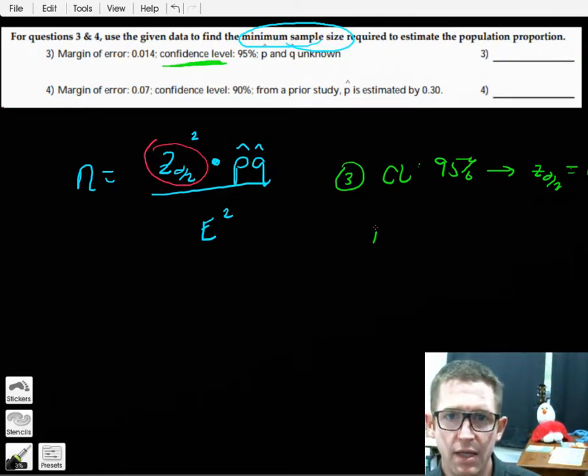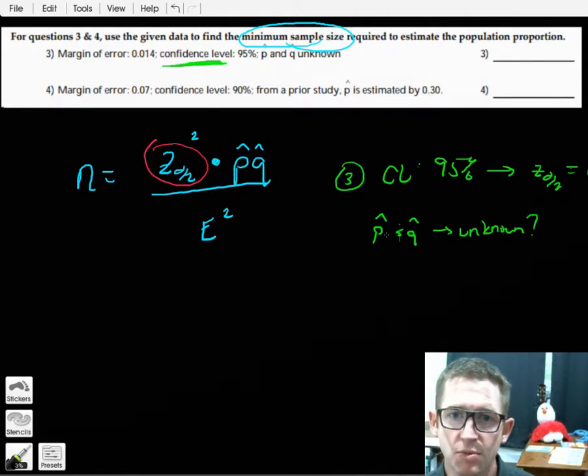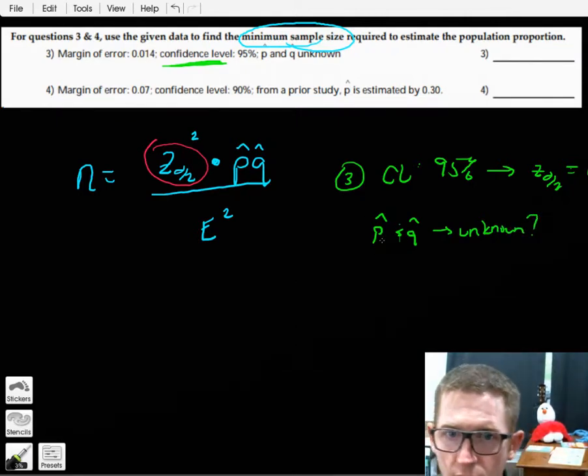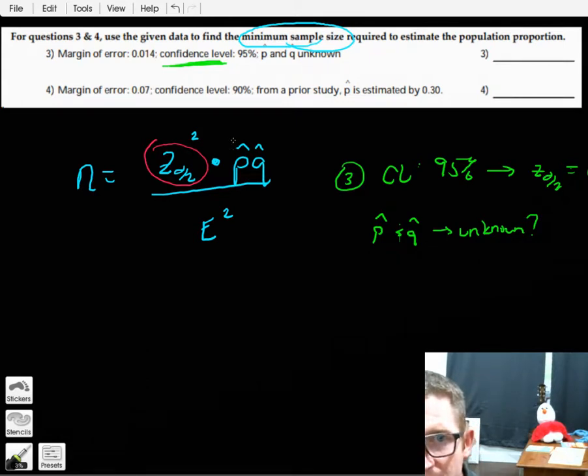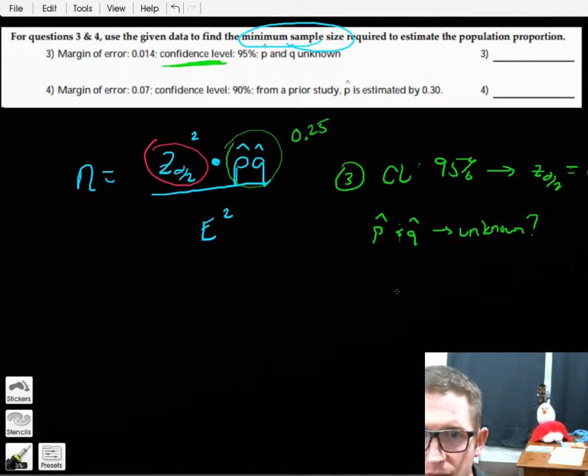Also, you're told that p hat and q hat are unknown. So how do you do this problem? Well, there's a special formula when p hat and q hat are unknown. You basically replace these two with 0.25 because that maximizes this value.